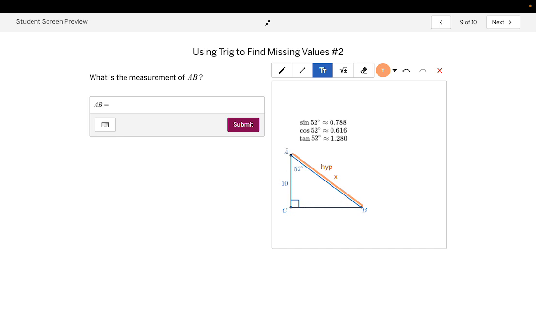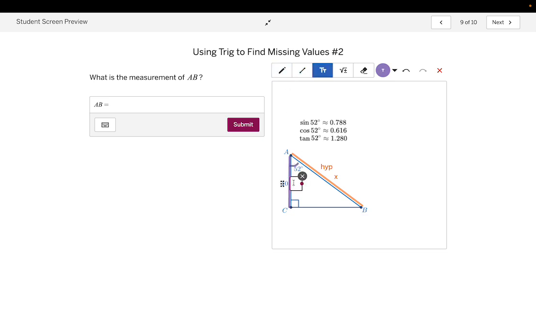So we need to figure out what side AC is, in terms of is it opposite or is it adjacent? It's not the hypotenuse because we already know that's AB. So side AC is a leg, which means it's not the hypotenuse. It's a leg that helps create angle A. Since it helps create angle A, it forms part of it, that's the adjacent side.